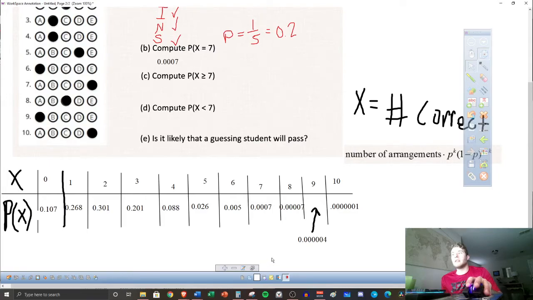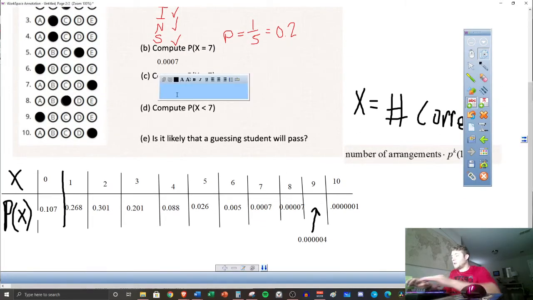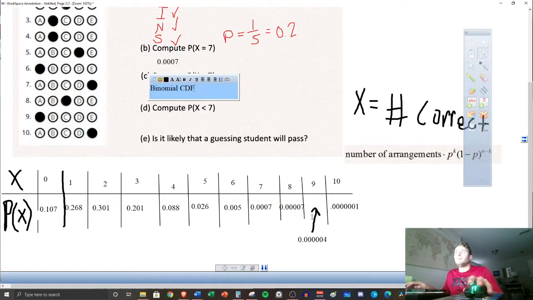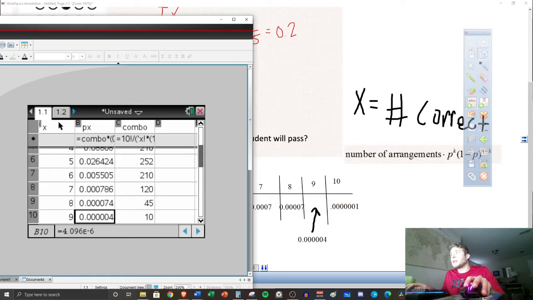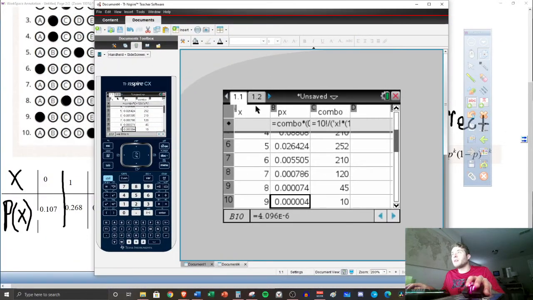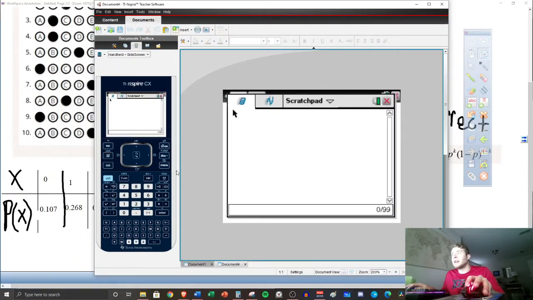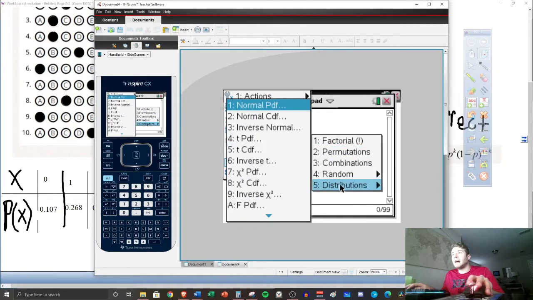Now, for us to do this, I want to use that binomial CDF. Instead of sitting here and adding them, now adding them will work, but we can actually have the calculator do this for us. Let's do the binomial CDF. So on our calculator here, go back to your calculator page, hit this little left side over here, menu 5.